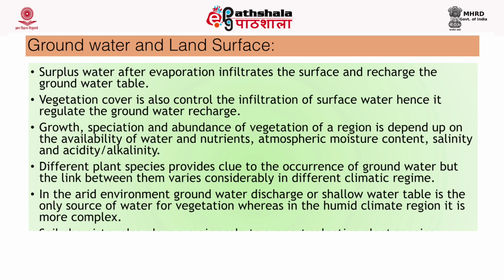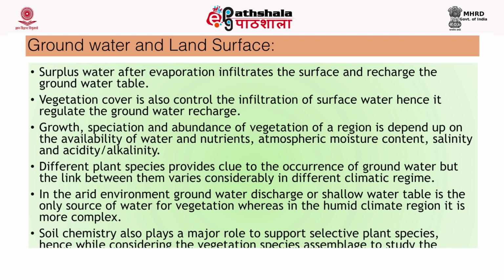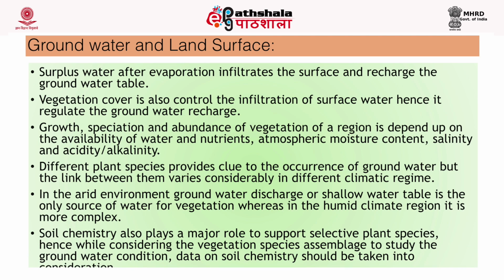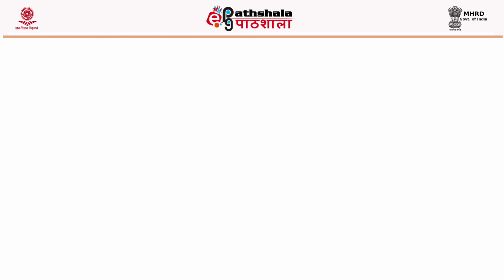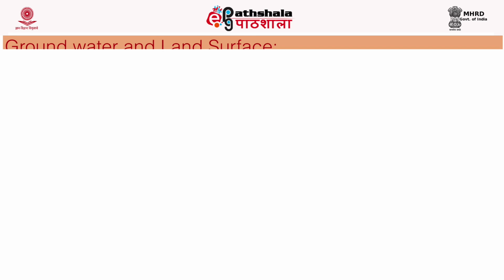In the arid environment, groundwater discharge or a shallow water table is the only source of water for vegetation, whereas in the humid climate region, it is more complex. Soil chemistry also plays a major role to support selective plant species. Hence, while considering the vegetation species assemblage to study the groundwater condition, data on soil chemistry should be taken into consideration for groundwater information.